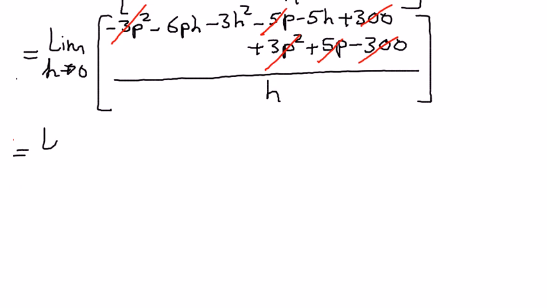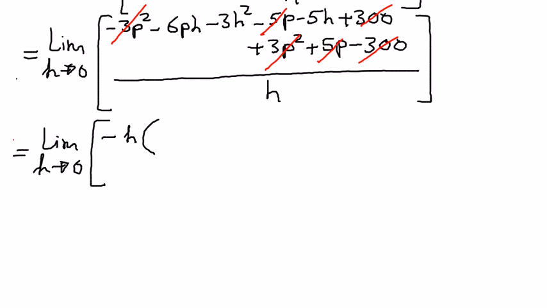Limit as h approaches 0, we can pull out h as common in here. As we can see, we have a negative 6ph, negative 3h squared, negative 5h. Therefore, the negative sign is common, so negative h is common in the numerator.